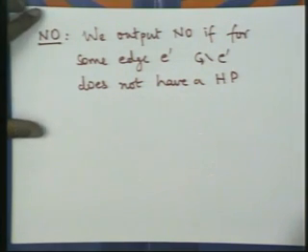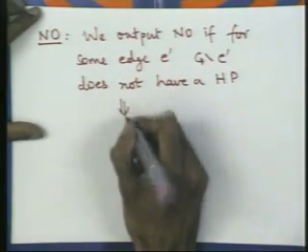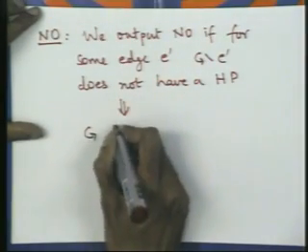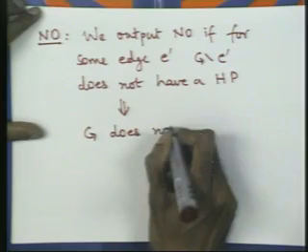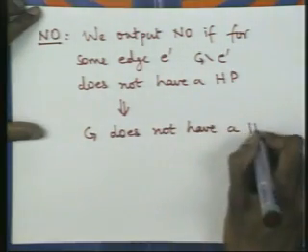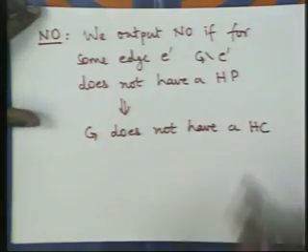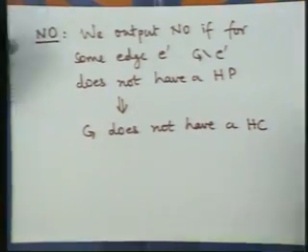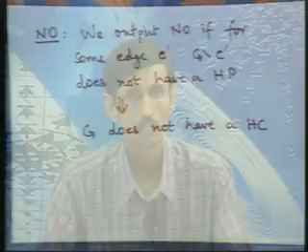We've seen that this implies that G does not have a Hamiltonian cycle, because if it had a Hamiltonian cycle, then if I removed any edge, I would still have a Hamiltonian path in the resultant graph. So whenever we output no, we are in the clear. The algorithm is always correct.